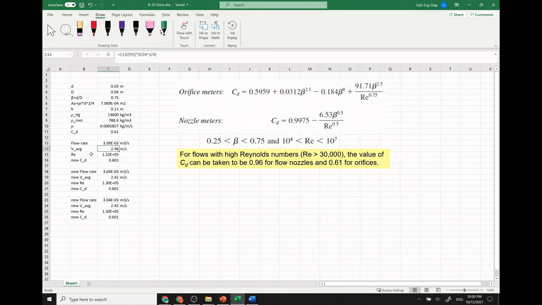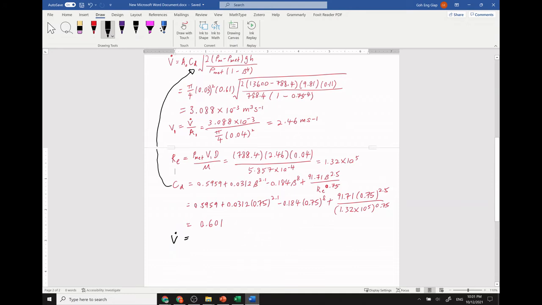Okay, and then we calculate the Reynolds number 1.32, 10 to the power 5, and then we calculate the CD value 0.601. So what you notice is that 0.601 is different from the value we assume. Okay, the value we assume is 0.61, but when we calculate the CD we get 0.601.